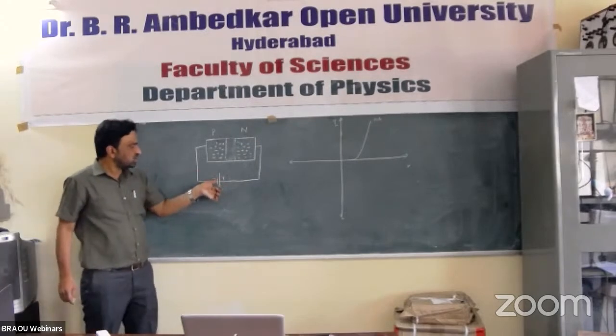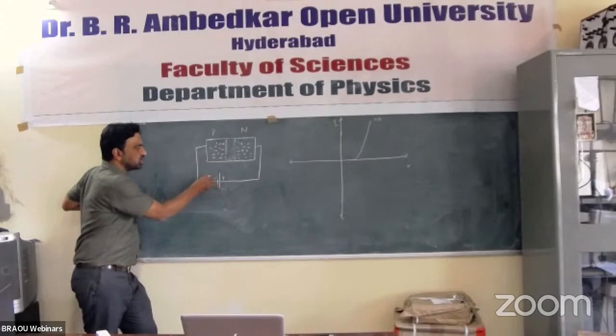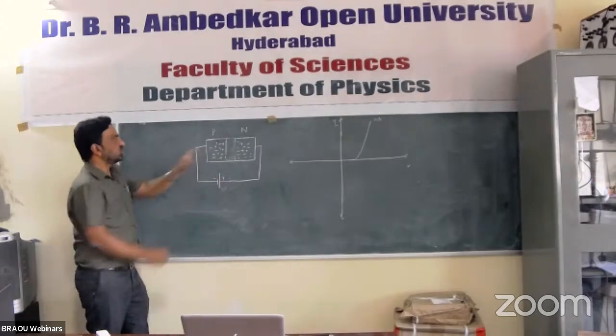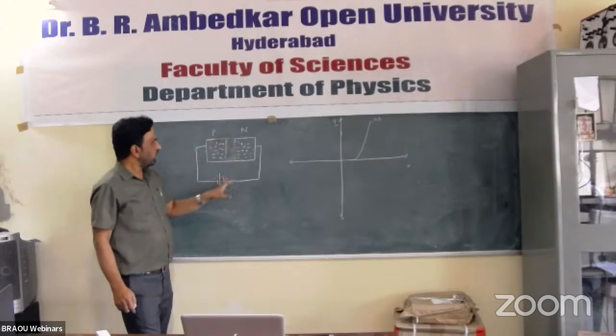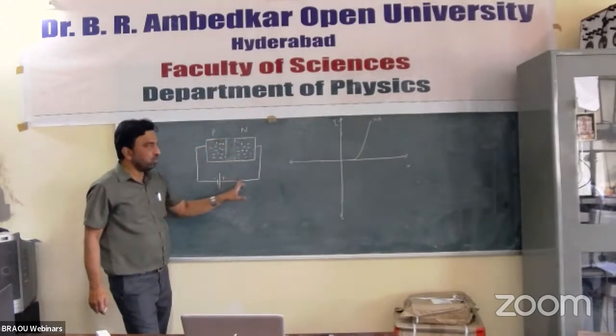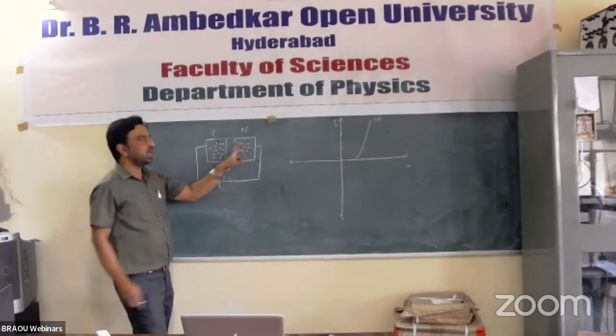So automatically electrons and holes will move. The majority carriers here are holes, and here the majority carriers are electrons.